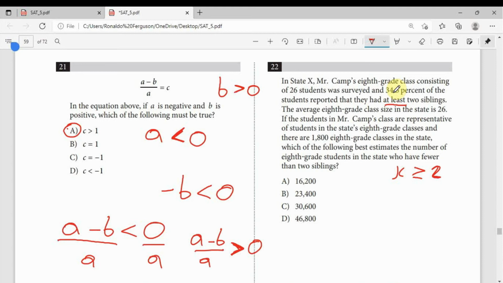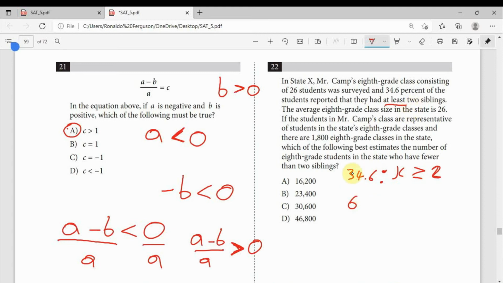That's a lot. So that means that if 34.6% have more than or equal to 2 siblings, if you subtract this from 100, that would give the remaining percentage that have less than 2, don't it?